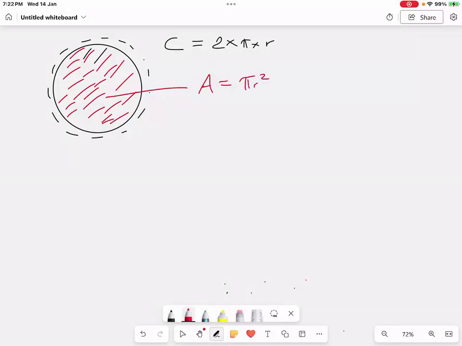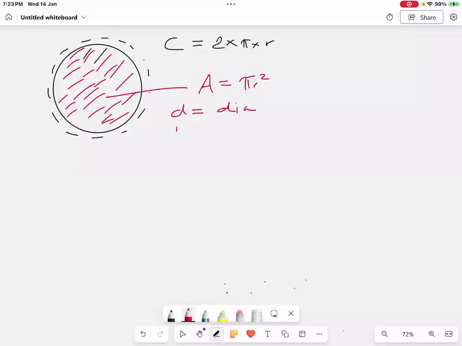Now we also looked at a relationship between two lines. We said that the letter D represents what is known as the diameter. And that's basically the line that goes directly through the center of the circle.